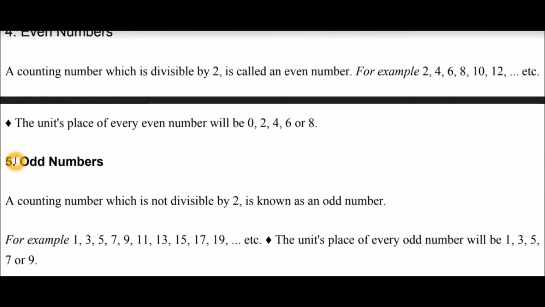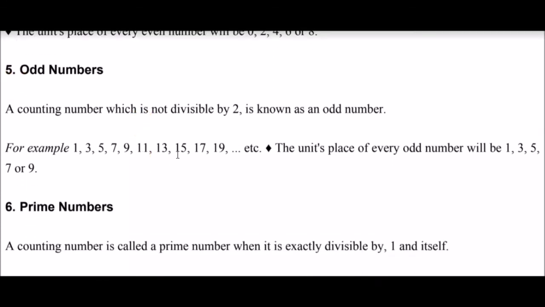The fifth one, odd numbers. What is an odd number? We already said an even number is a number which is divisible by 2. Coming to odd numbers, it is the opposite. A counting number which is not divisible by 2 is known as an odd number.